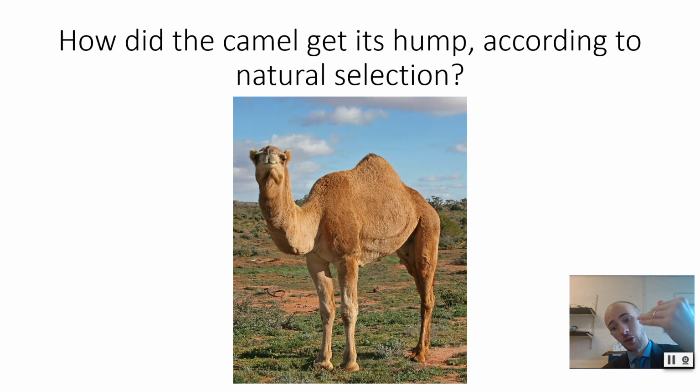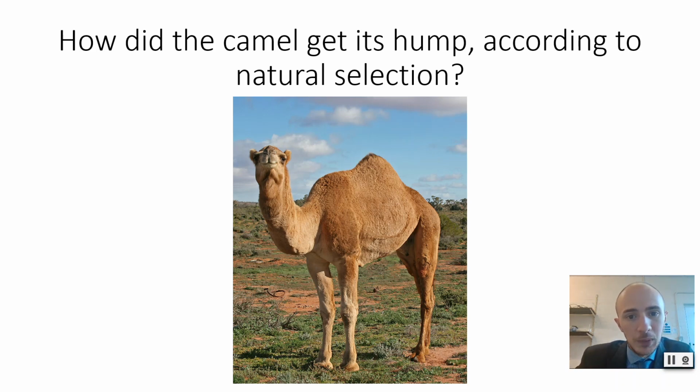Because it survives longer, it has more children, more offspring, and it passes on this hump DNA to its offspring. So most of its offspring will also have a hump. They too will survive longer than the other horse things. And so eventually, if you give it lots and lots of generations, because they survive better and have more kids, there will be more camels with humps than camels without humps.